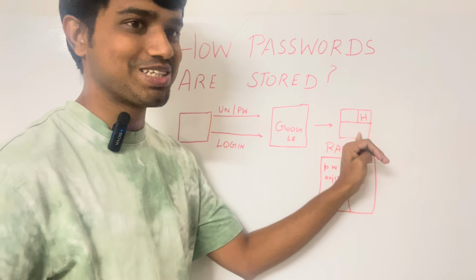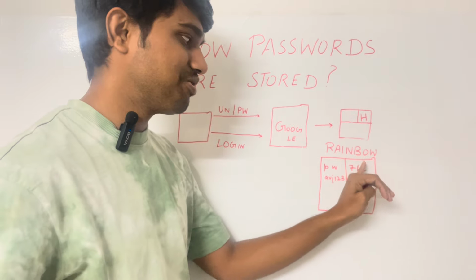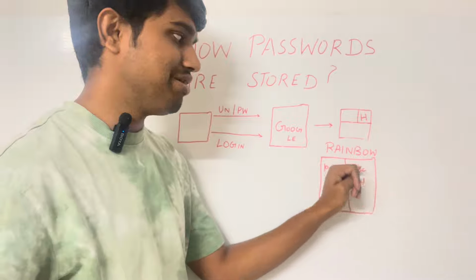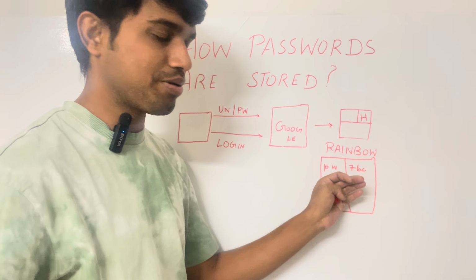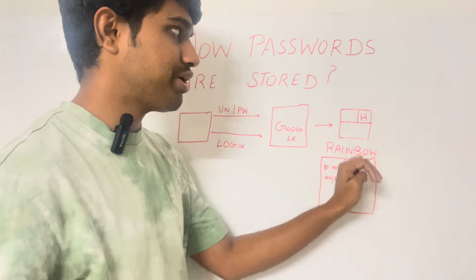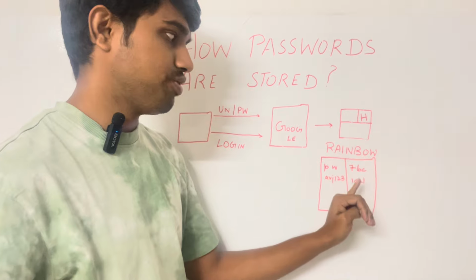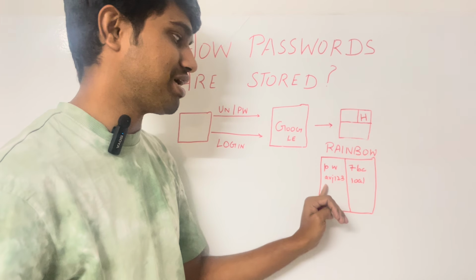If you have kept your password as password123, which is not a good idea, they would have already calculated it, and using a script, not manually, they ask if there is any hit for this hash. If there is a hit, it will tell you the user is using the password Arjun123 or password.